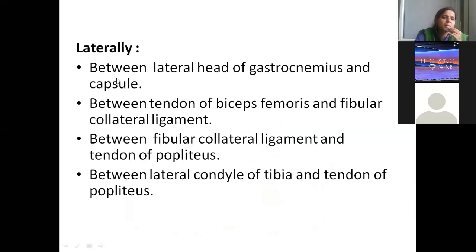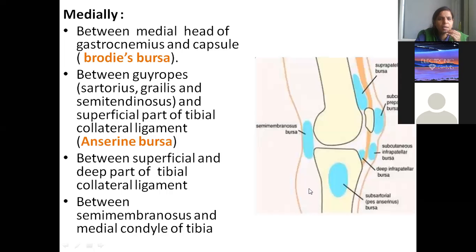These are the other various bursae: between lateral head of the gastrocnemius and capsule, between the tendon of biceps femoris and fibular collateral ligament, and between fibular collateral ligament and tendon of popliteus. All these give protection, prevent friction, and give lubrication between lateral condyle of tibia and tendon of popliteus. Medially, we have between the medial head of the gastrocnemius and fibrous capsule, which we call Brodie's bursa.